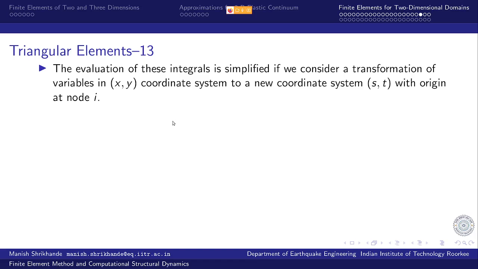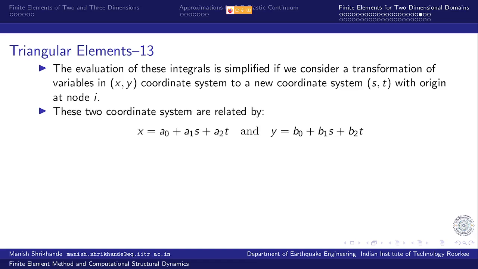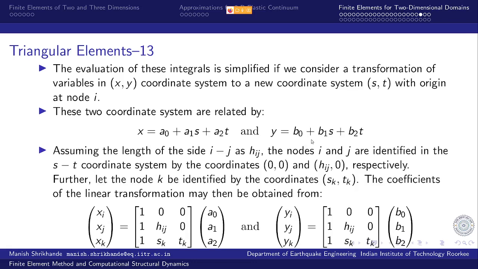So evaluation of these integrals is simplified if we consider a transformation of variables in the xy coordinate system to a new coordinate system st with origin at node I. Let's look at how things work at node I. These two coordinate systems are related by this simple linear transformation: x is equal to a0 plus a1s plus a2t, and y is equal to b0 plus b1s plus b2t.